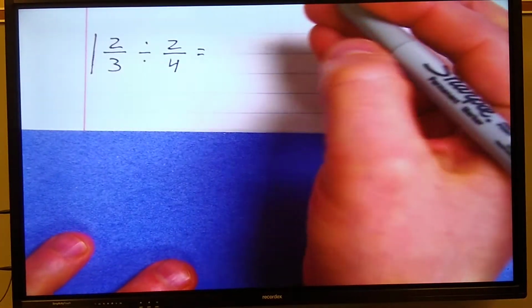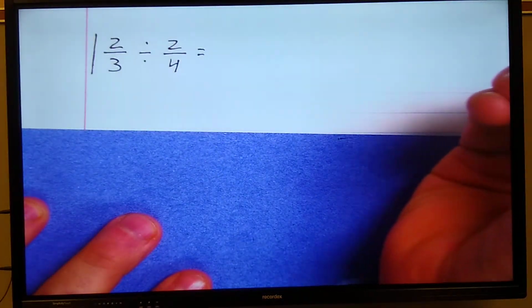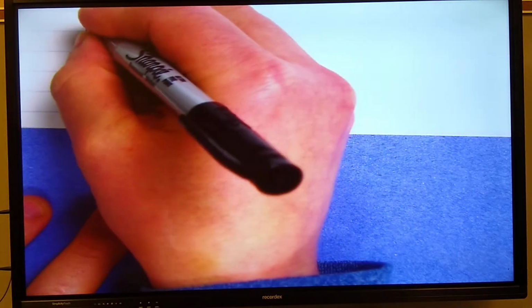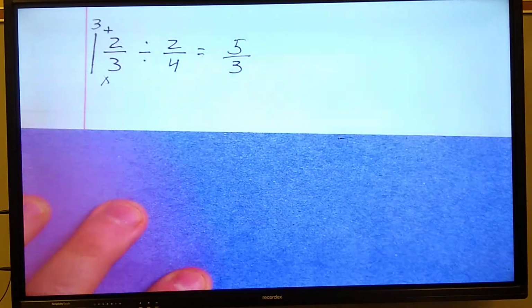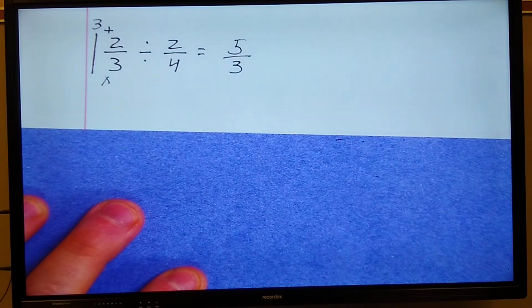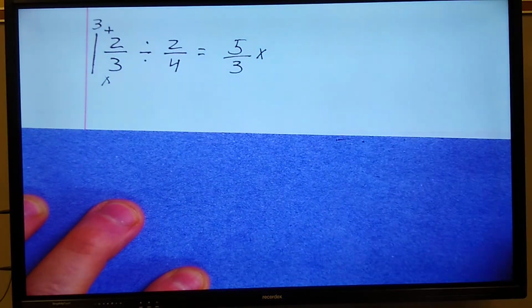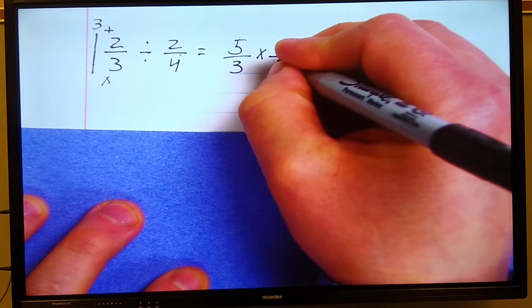The first thing I have to do is change this mixed number into an improper fraction. 3 times 1 is 3. 3 plus 2 is 5. My denominator stays the same, 5/3. Now that's my dividend, so that's going to stay exactly like that. Division becomes multiplication. I must find the reciprocal of my divisor, so I just flip it to 4/2.